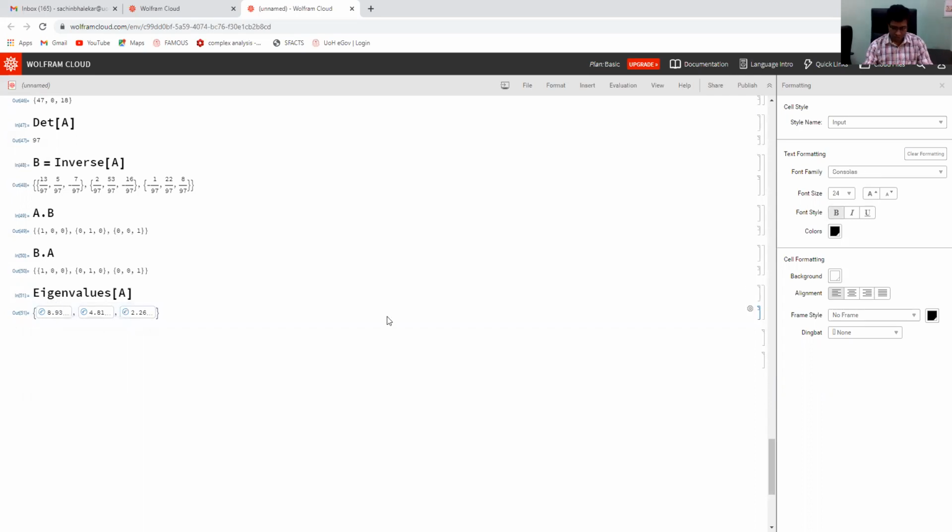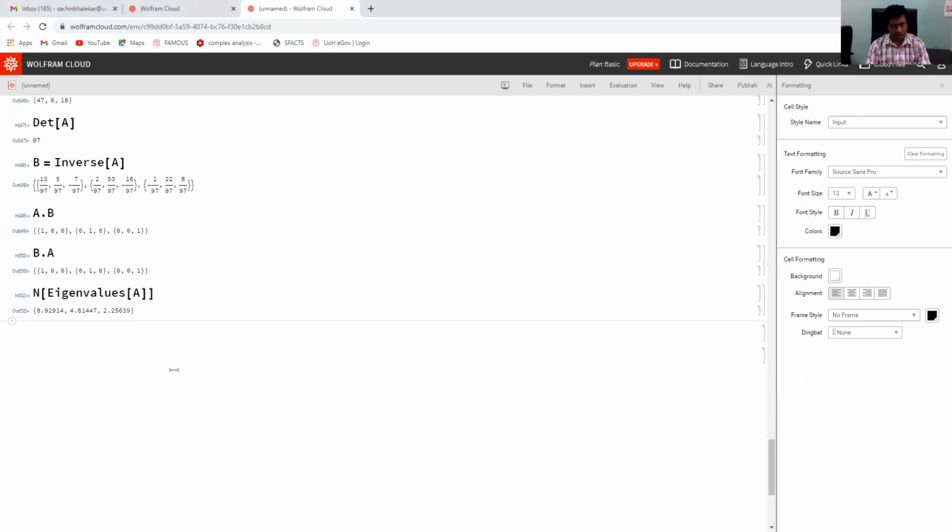So we put N and then square bracket, N of Eigenvalues of A. So these are the eigenvalues: 8.9, 4.8, 2.1. We can find trace, we can find transpose. We can find eigenvectors, characteristic polynomial.